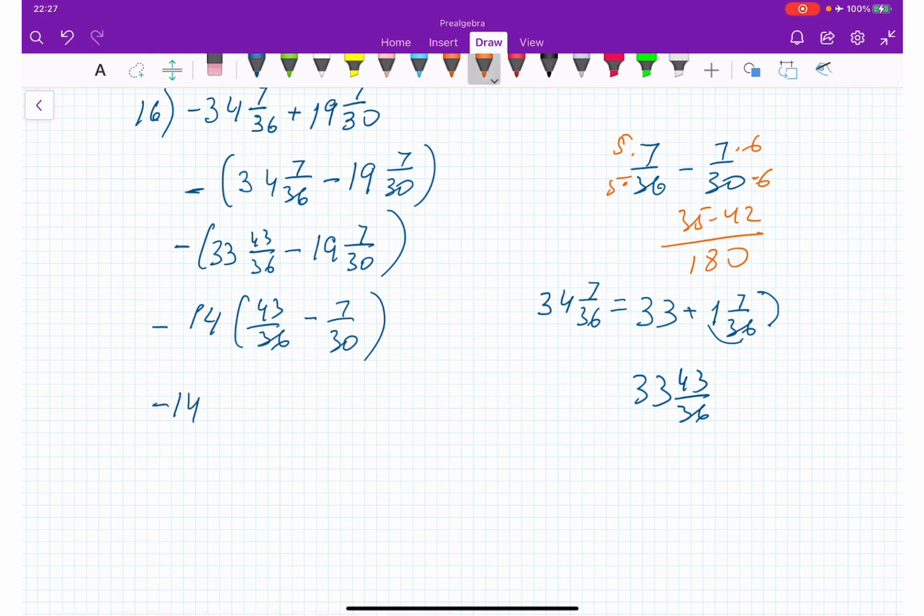So this one we multiply by 5, this is multiplying by 6, because the common denominator is going to be 180.